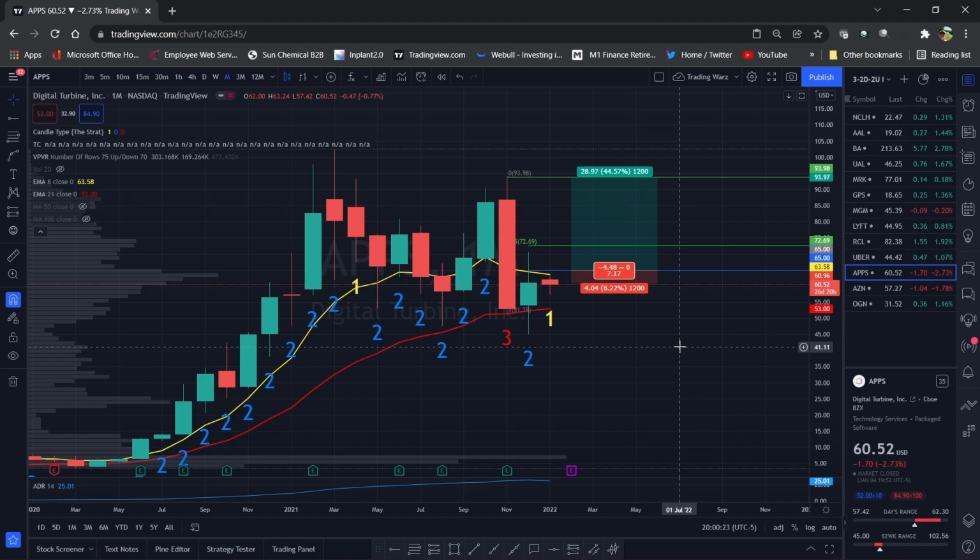We can go into that on another live, but that's something that you can actually play intraday. I think it would work well on the smaller time frames as well. But we can get into that on some future lives.